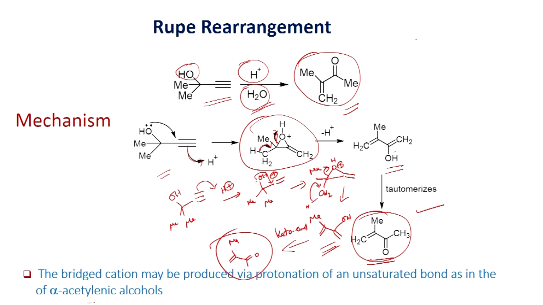Alternatively, protonation of this alcohol can give this intermediate, which can lose a water molecule, and you will be able to have a carbocation intermediate.